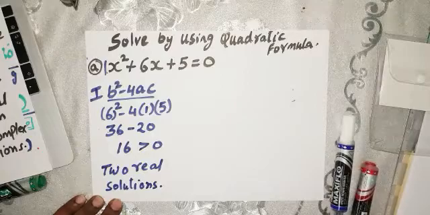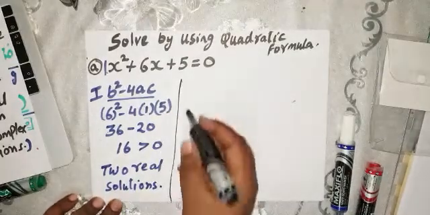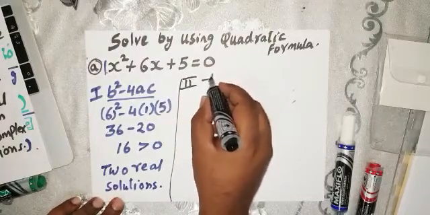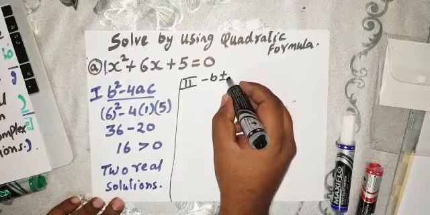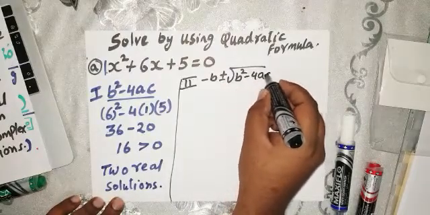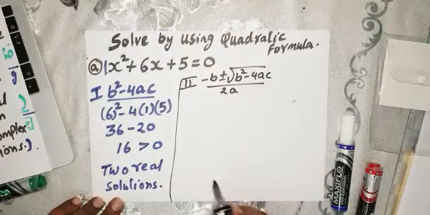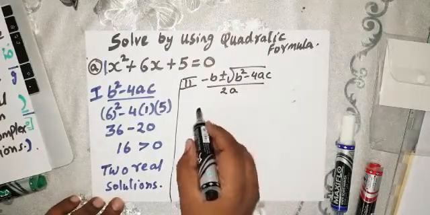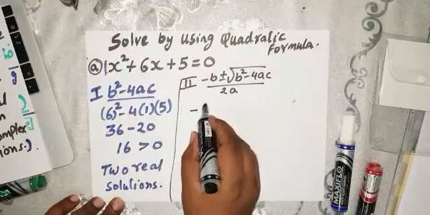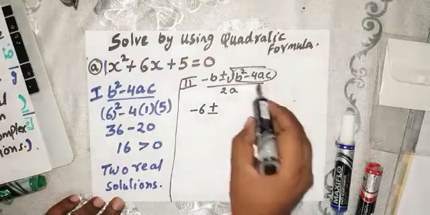Now, to know what the solutions are going to be, you can use the quadratic formula, which is minus b plus or minus square root of b square minus 4ac over 2a. I'll show you how you can make it easier. Minus b, the b is 6, plus or minus. What does b square minus 4ac stand for?